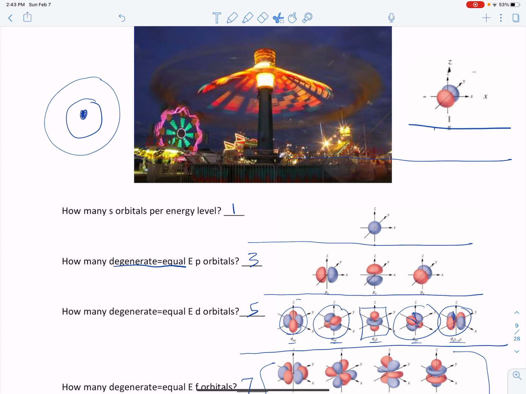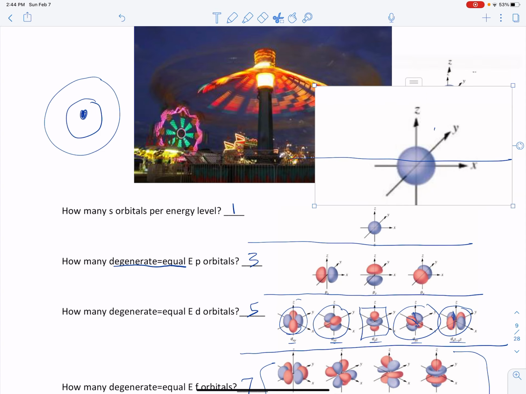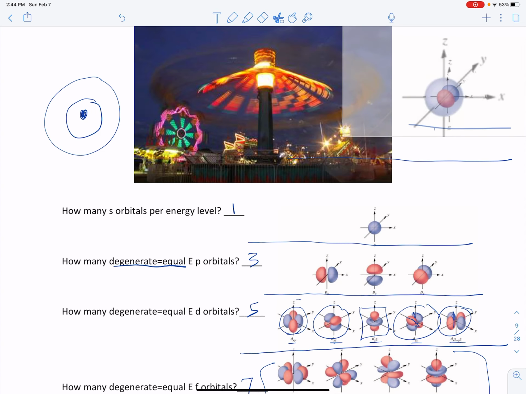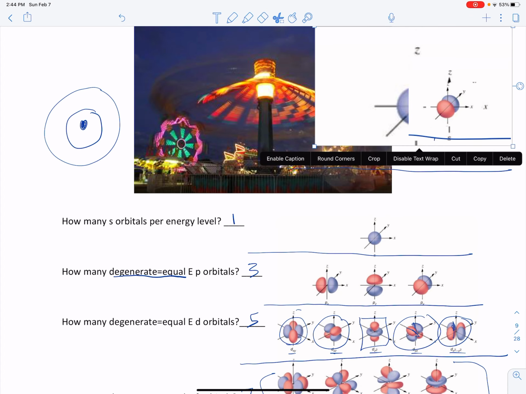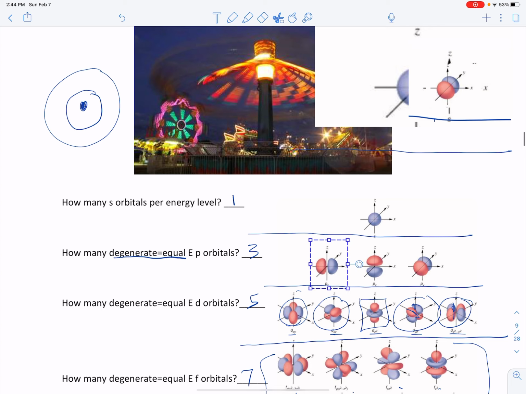So then we go up another size, and we have an even huger s orbital. It's bigger than all the rest of them, so it gets laid on. We end up with 2 electrons there. All these all have 2 electrons. So it's larger. And then we have larger p's.